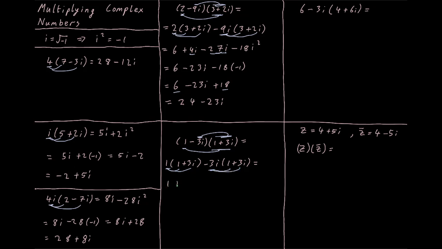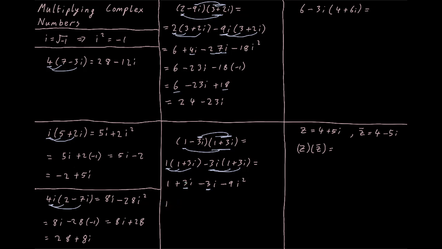And 1 plus 3i: 1 of 3i is just 3i, minus 3i times 1 would be minus 3i, minus 3i times plus 3i, minus 3 times plus 3 would be minus 9, i by i is i squared. If I add up my like terms, I have plus 3i minus 3i, and I also know I have to do my substitution, i squared is minus 1.